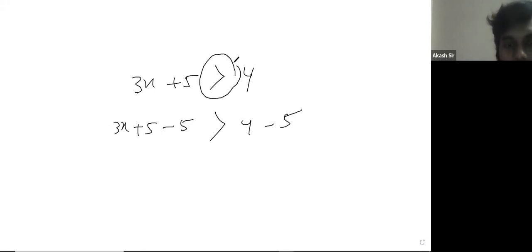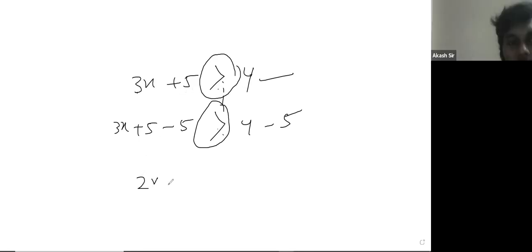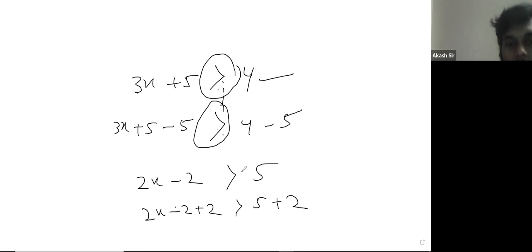See, we had greater than in this equation, and the same sign is here. We didn't change anything about this, right? In the same way, if you had 2x minus 2 is greater than 5, we can add a number to both sides without changing the sign of inequality.